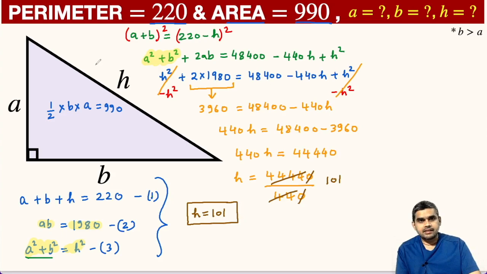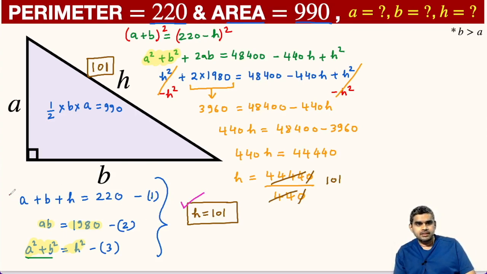So let us write here, in place of h we can write 101. Now let us substitute the value of this h in equation 1. So this will give us a plus b plus 101 equals 220. From here we will get a plus b equals 220 minus 101 is 119.